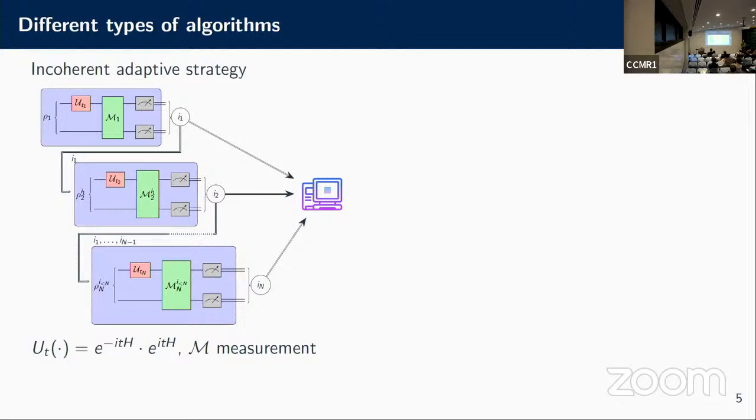You use the outcome in two ways. You put it into the algorithm that in the end will tell you whether yes or no, you're local, and you can use it for the next round. You can base your preparation and your measurements on the outcome of the previous ones, for any of the previous outcomes. This is why it's an incoherent strategy, because it always measures at the end of each step, and it's potentially adaptive, since you can use all the outcomes.